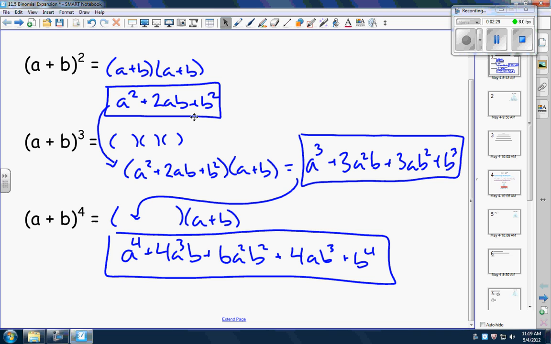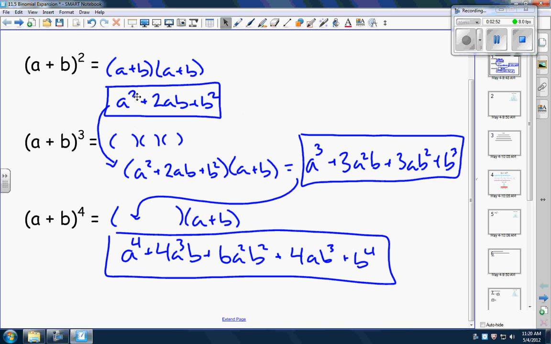So if you'll notice, look at the coefficients. 1, 2, and 1. 1, 3, 3, 1. 1, 4, 6, 4, 1. Okay, those are special numbers. They come from Pascal's triangle and also from combinations we'll look at. And then the other thing is the A's will count down.